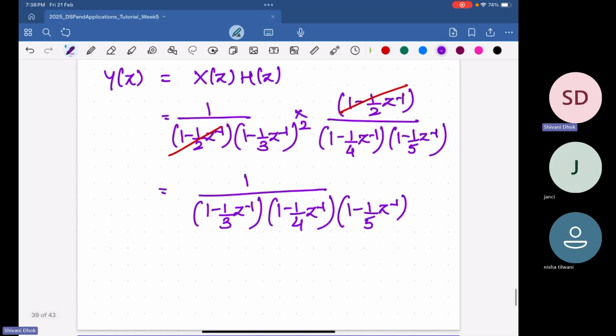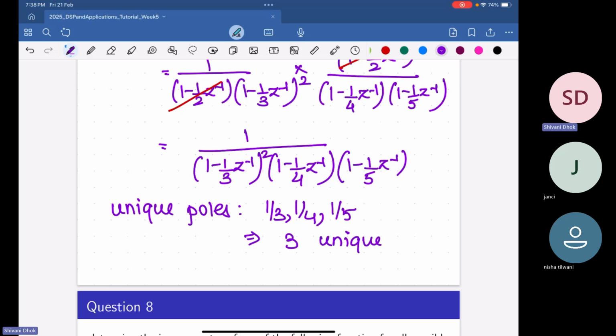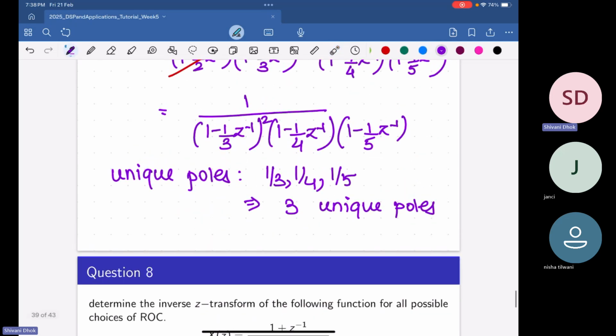So how many unique poles does it have? The unique poles are 1 by 3, 1 by 4 and 1 by 5, which means 3 unique poles. Is it what we got according to our answer? No, according to our answer it was 4, but now we are getting 3, which means our answer is wrong.